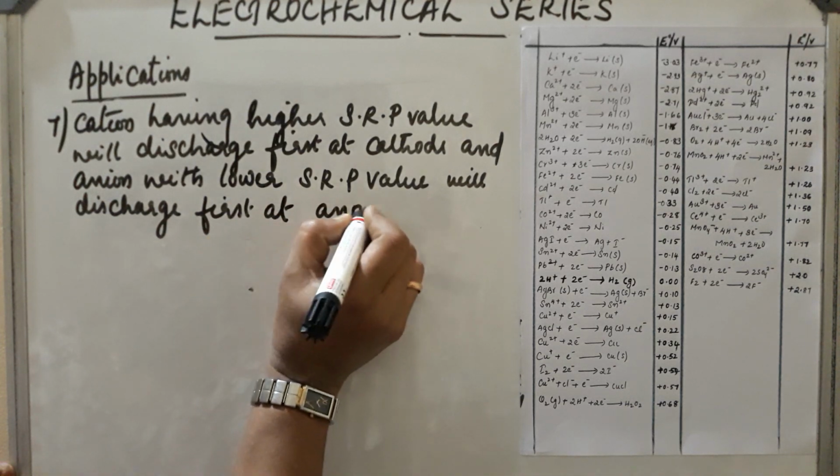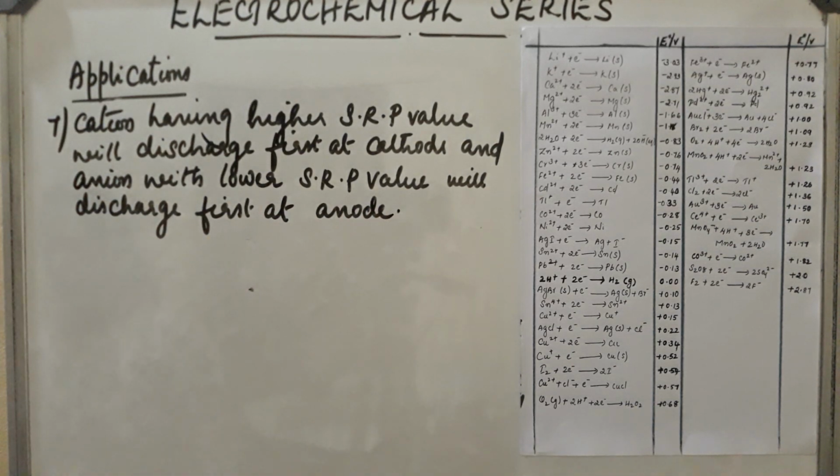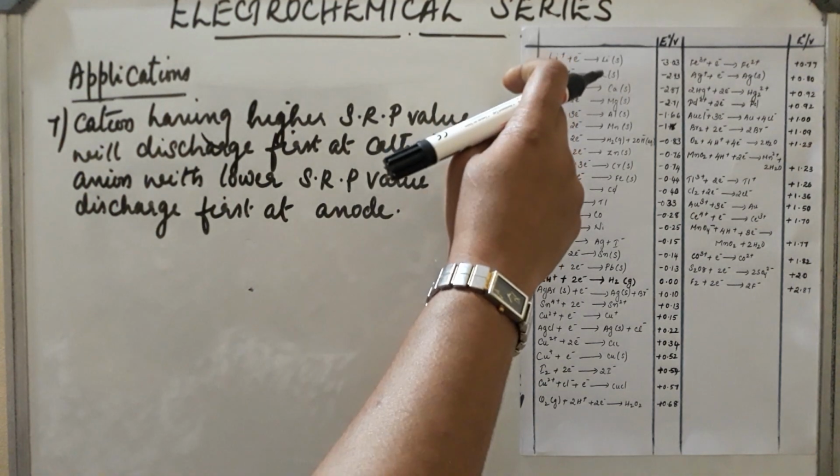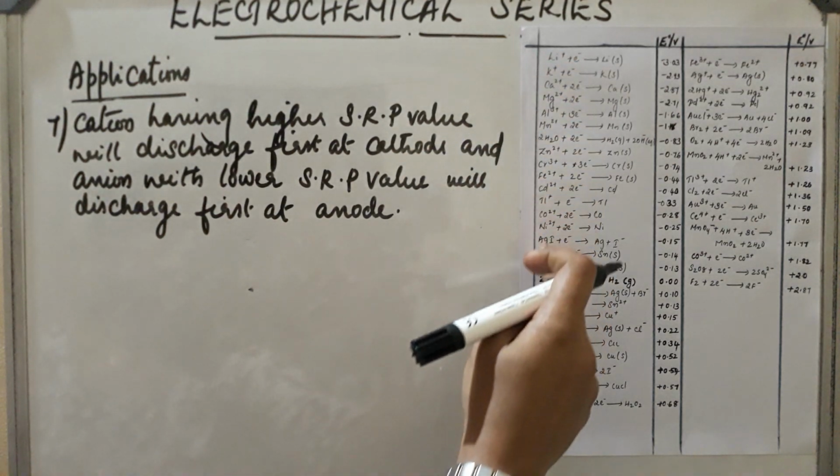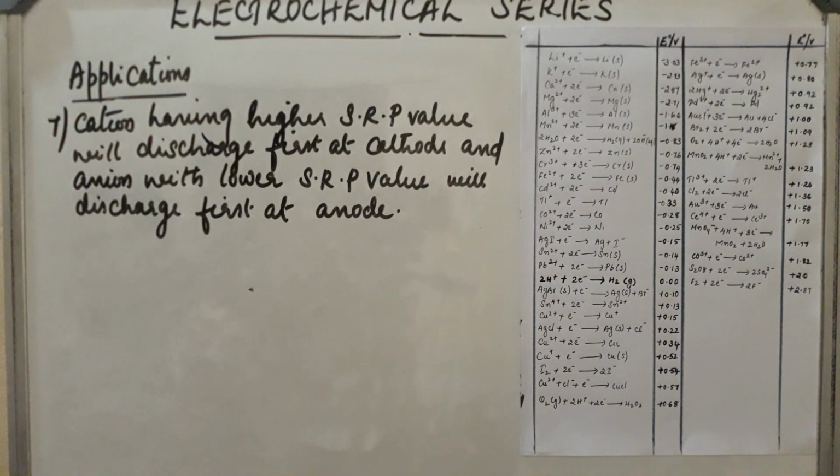This is important. So K+, Ca2+, Na+, Mg2+, etc. The order of discharging at the cathode will be K+ having the least, then down the series it increases. So that is the order of discharging at the cathode.